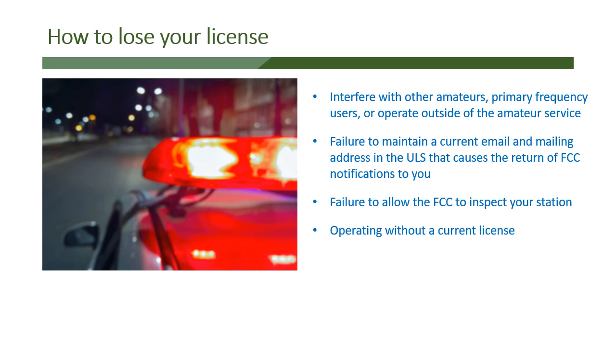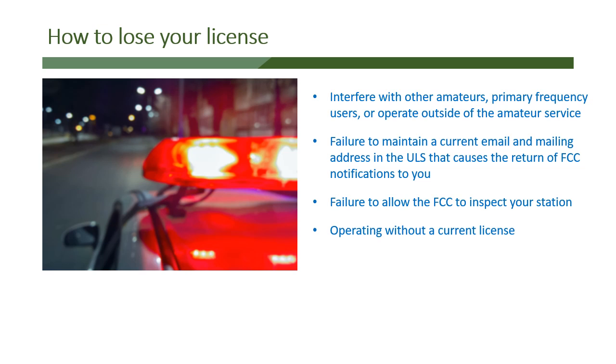Therefore, if someone else is already there and they're the primary allocation, you have to not be there. You have to be quiet. And if you operate outside of the amateur service, you're only allowed to operate outside the amateur service in one situation, and that is the immediate threat to life or property. You can transmit outside of the amateur service for that reason. Other than that, you can't.